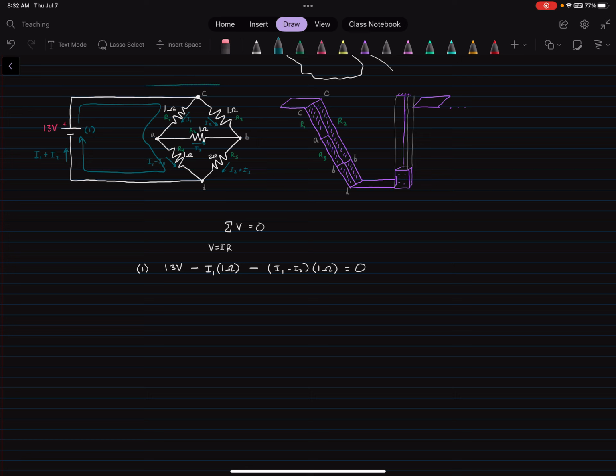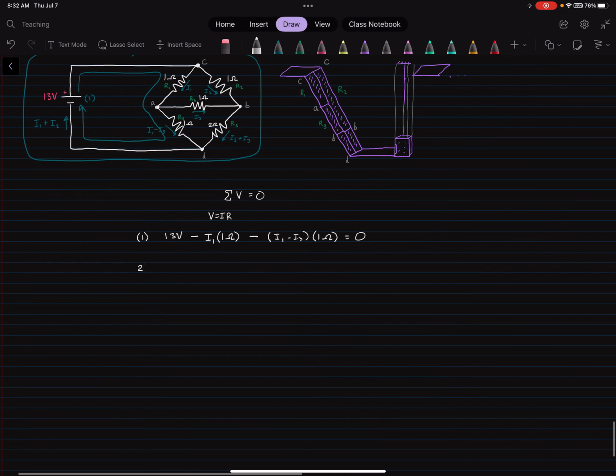All right. The second loop that we're going to consider is outside the whole thing. So this loop. That's going to give us equation 2. So here we have, I'll start with the EMF source.